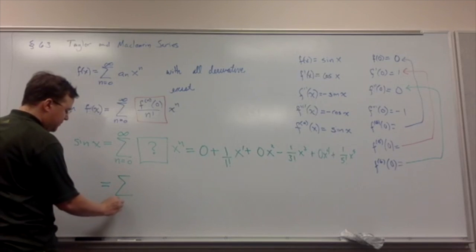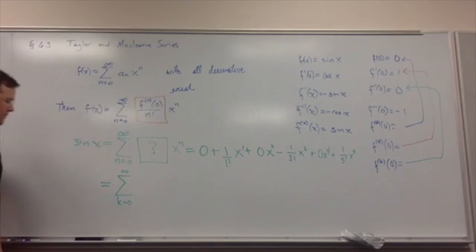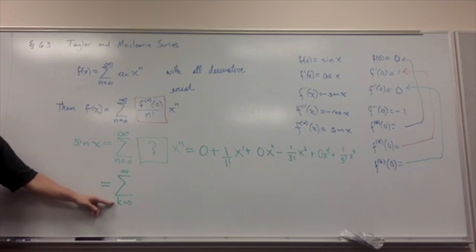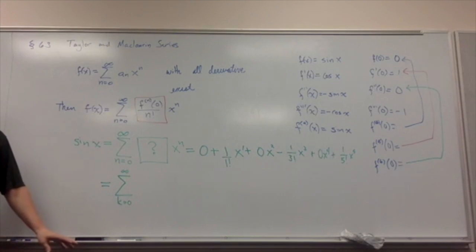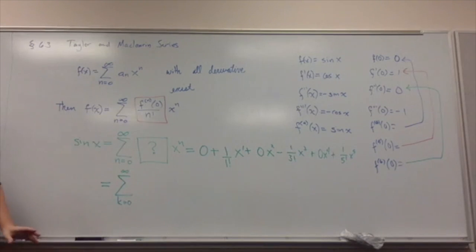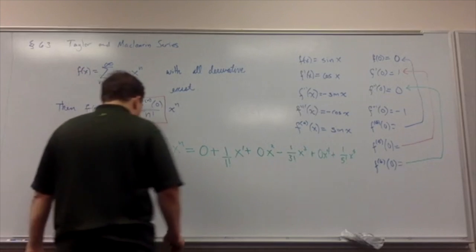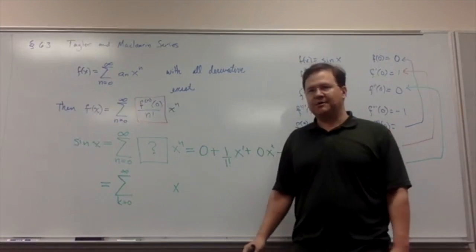I'm going to put a k here. The book probably uses an n, but I'm just putting a k to emphasize that I'm not hitting all the indices. I'm just going to hit the odd ones, only the odd powers.